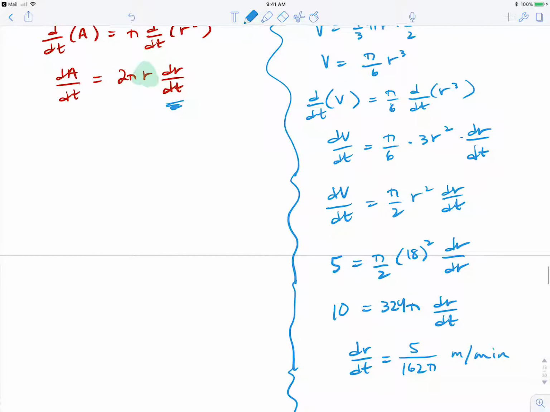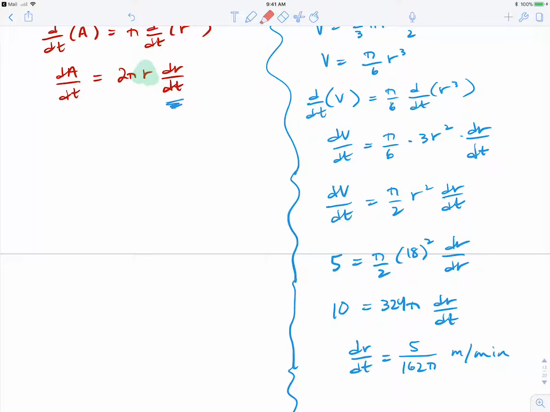So now I can take that rate and substitute dr over dt up here. Because remember, the question is asking for dA over dt.